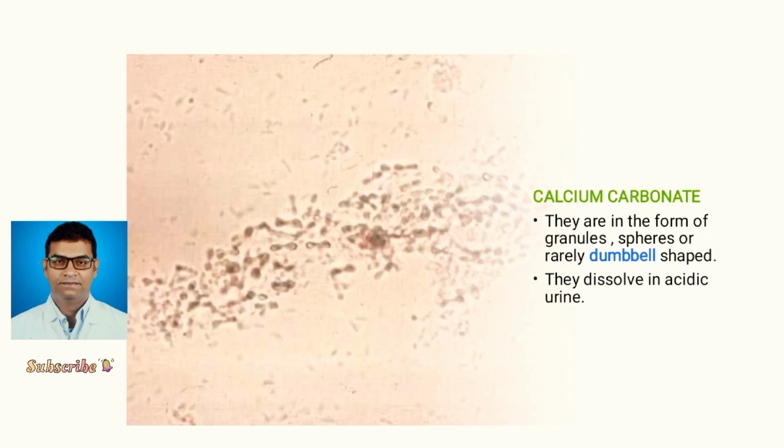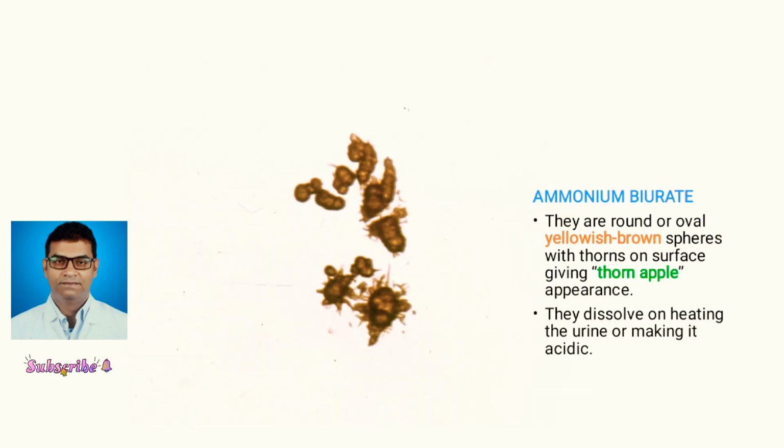Calcium carbonate. They are in the form of granules, spheres and rarely dumbbell shaped. They dissolve in acidic urine. Ammonium biurate. They are round or oval, yellowish brown spheres with thorns on surface, giving them thorn apple appearance. So, thorn apple appearance is seen in crystals of ammonium biurate.